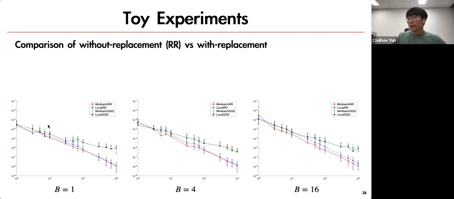The figures show a similar trend. For small K, the two versions of the algorithms perform quite similarly, but as K gets larger, the without replacement versions show better performance. This is consistent for other values of B.